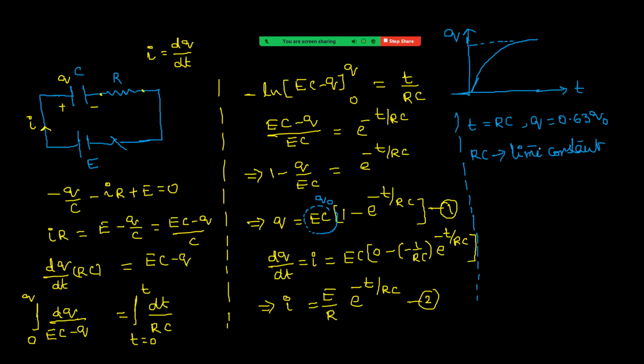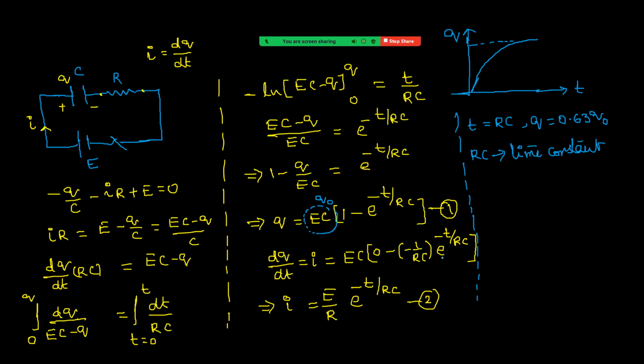The importance of this time constant is, if the time constant is less, that indicates that the capacitor will charge more quickly. That means if we choose R value less, it will charge more quickly. If you take R value more, it will take more time to charge.